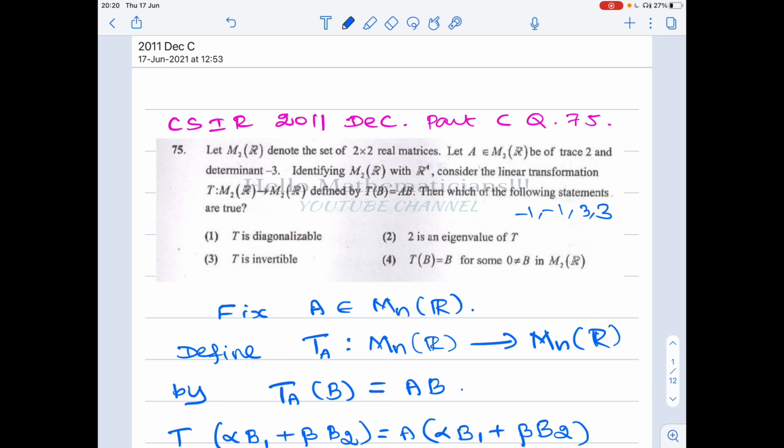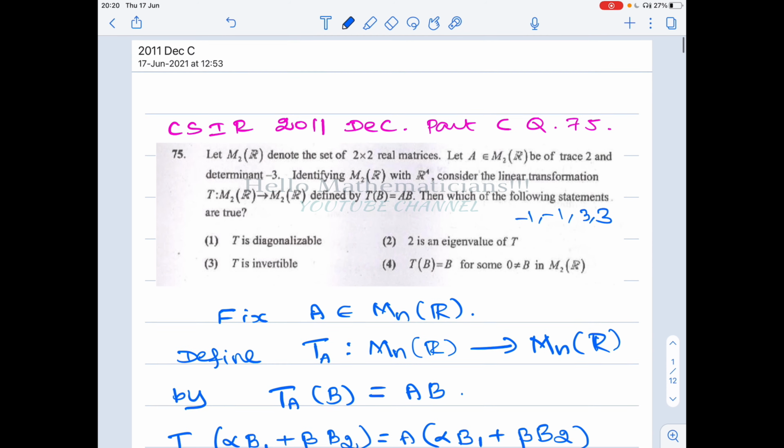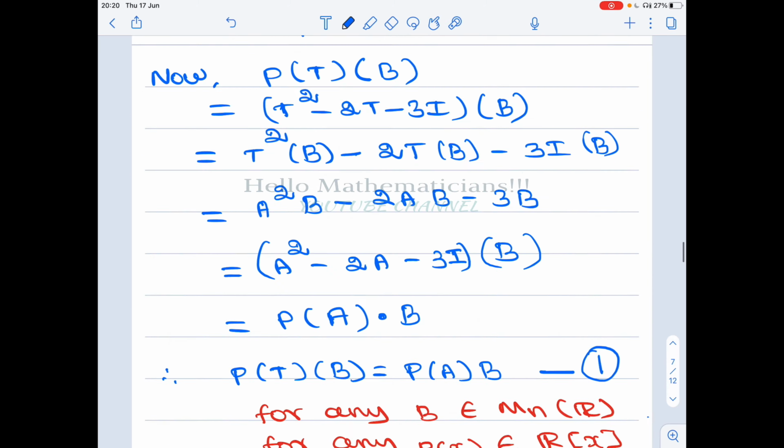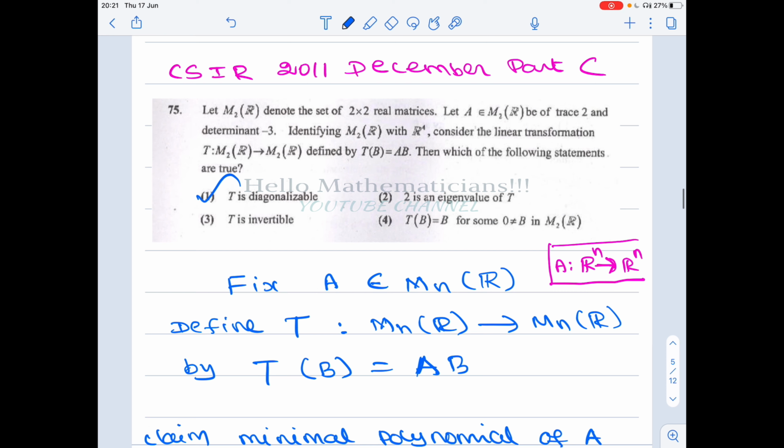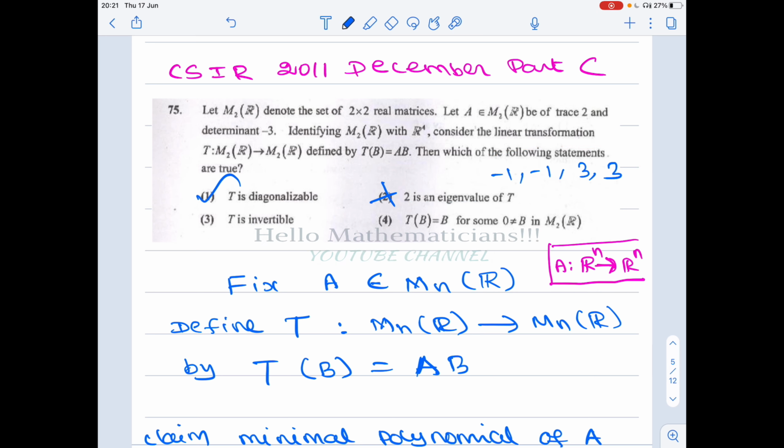We can eliminate the other options. Already we saw option 1 is correct. So now we conclude that option 2 is false, because these are the eigenvalues of the linear transformation T. Now, T is invertible is correct because 0 is not an eigenvalue of T. A linear transformation or a matrix is invertible if and only if 0 is not an eigenvalue.